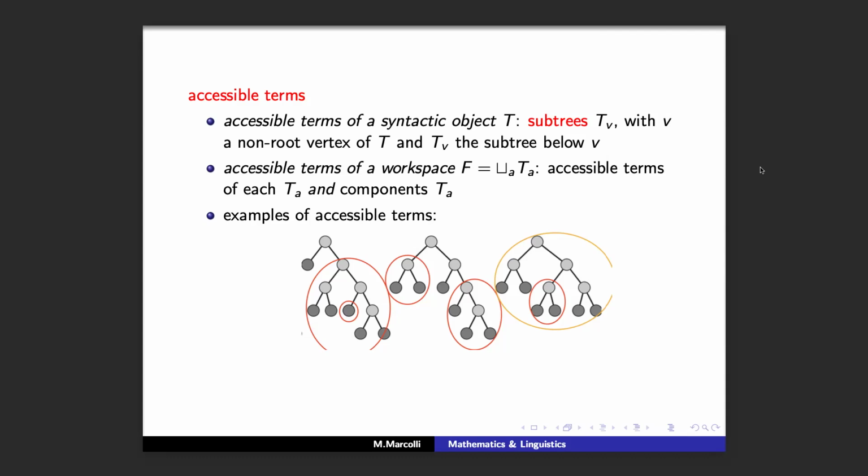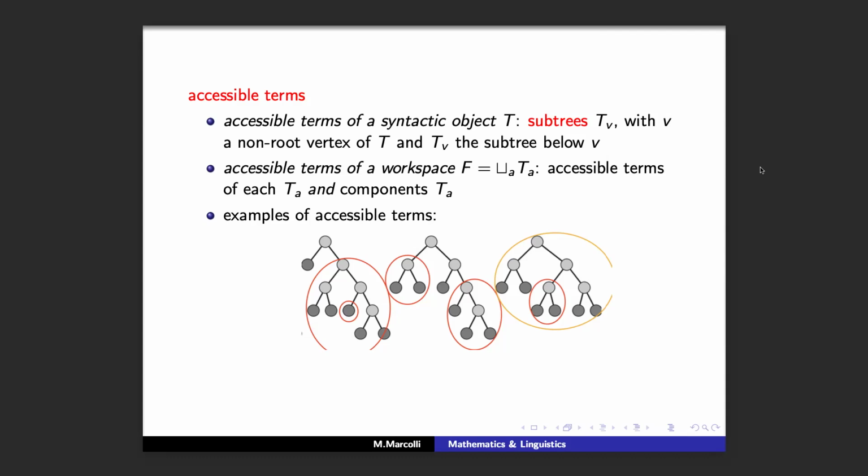And for the workspace, there are two slightly different conventions in the linguistic literature, so I had to decide which one to use. One of them describes as accessible terms of the workspace the accessible terms of each of the trees in the workspace.